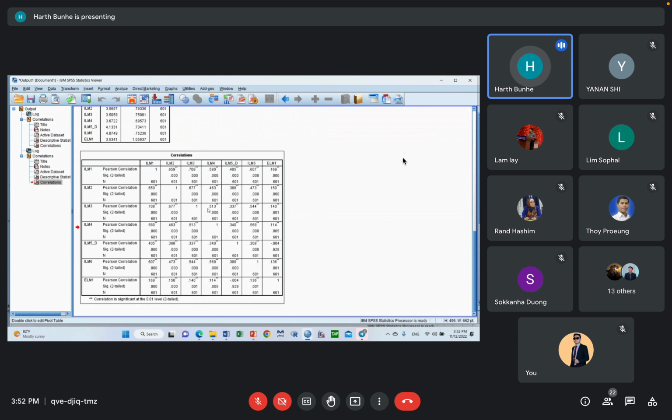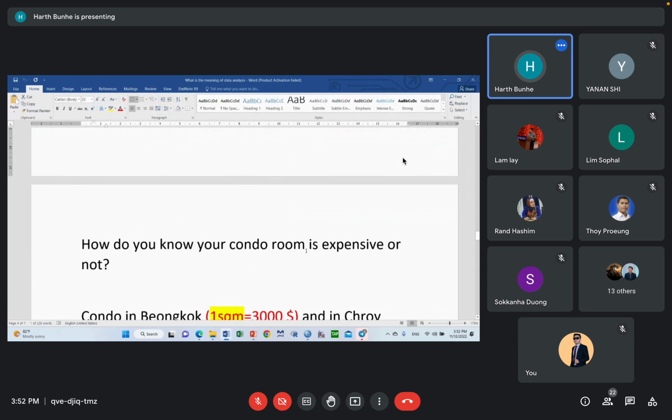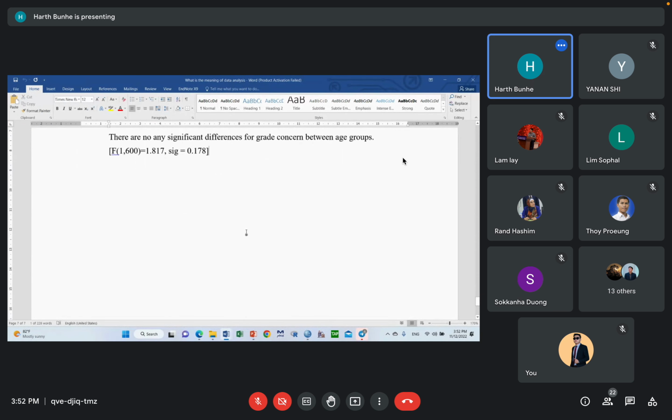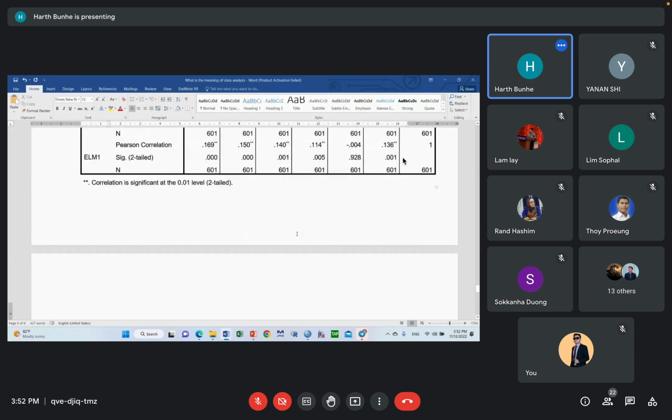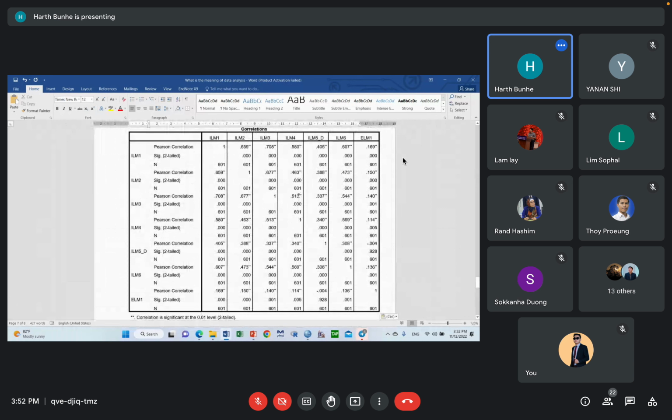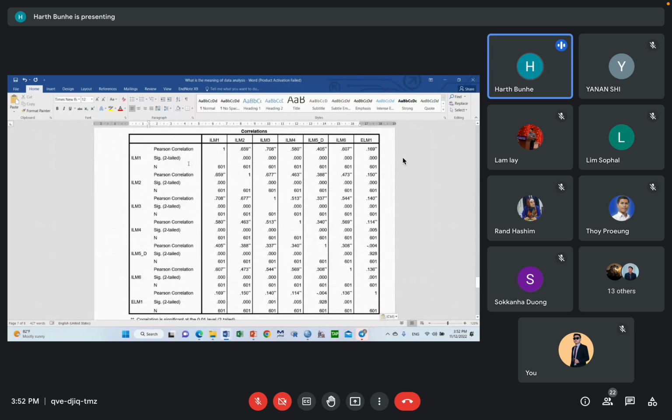I just copy this into a Word file, and you can read it line by line. When we talk about correlation, we mean that we want to study the levels of correlation between 2 or more than 2 variables.